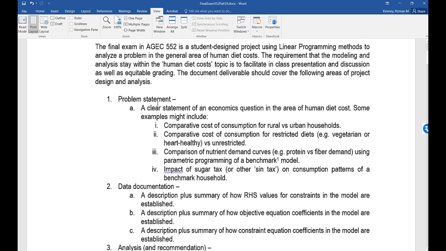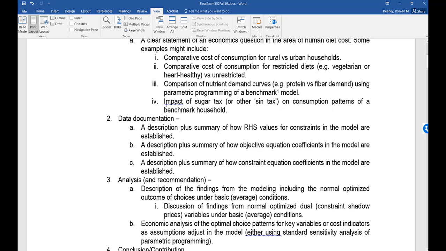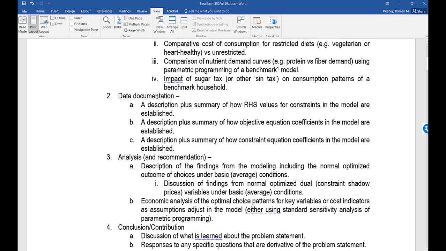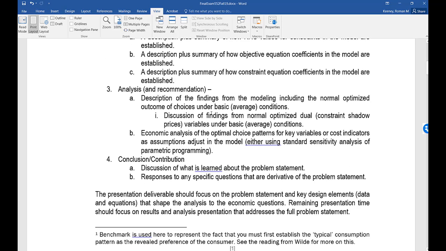What we're looking for in the final exam would be this document you've already presented, gotten some feedback on, and then you'll have till the Wednesday of finals week to submit your final document where you clearly state the problem statement, give a clear indication of what is trying to be answered, and document the data. That includes the right hand side plus the choice variables, how the objective equation is constructed, how the constraint equations are constructed, basically enough information that someone could reproduce or independently confirm your work.